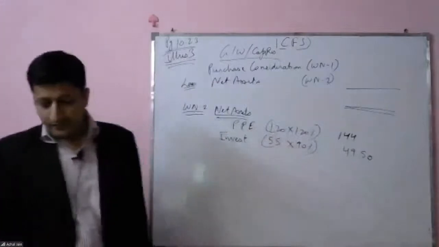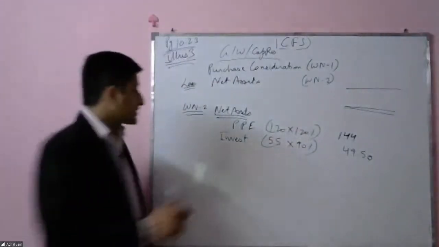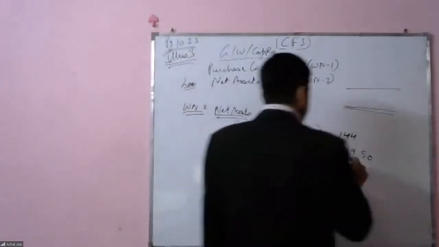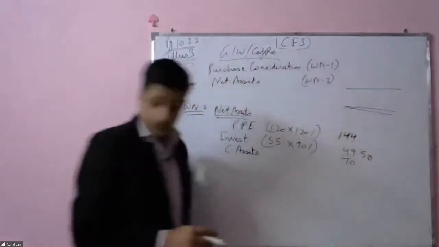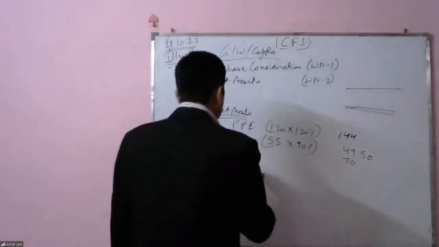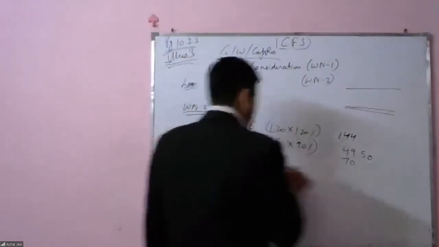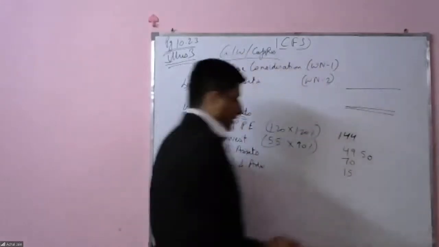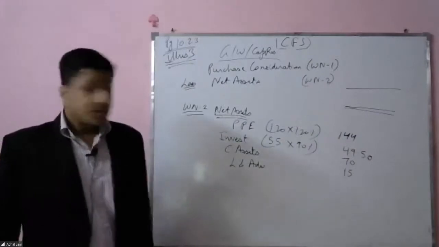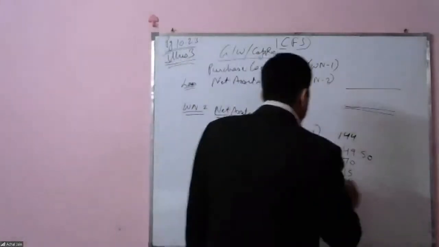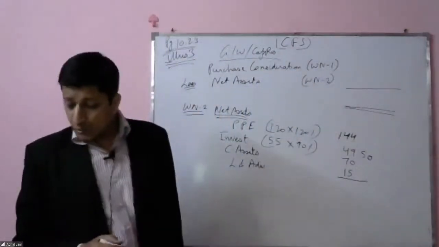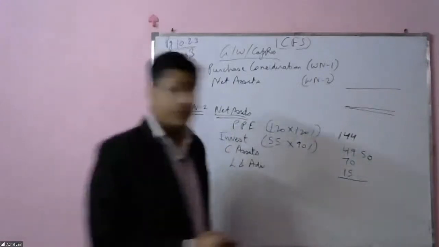Then we have current assets 70. Then we have loans and advances 15 lakh. So this is the amount of total assets. So what do we get? Total assets 278.5.